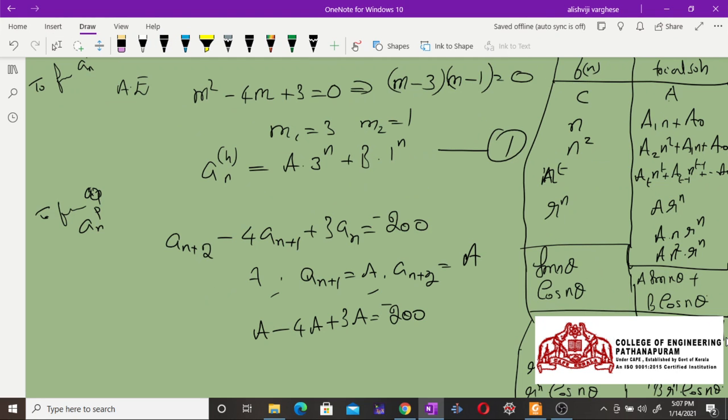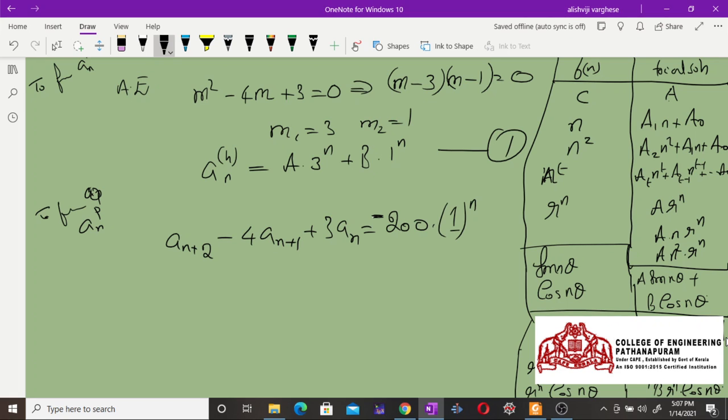Okay, sorry, one little change needed here. So here it is minus 200, which we just consider not as a polynomial. We just consider it as minus 200 into a constant 1 raised to n.